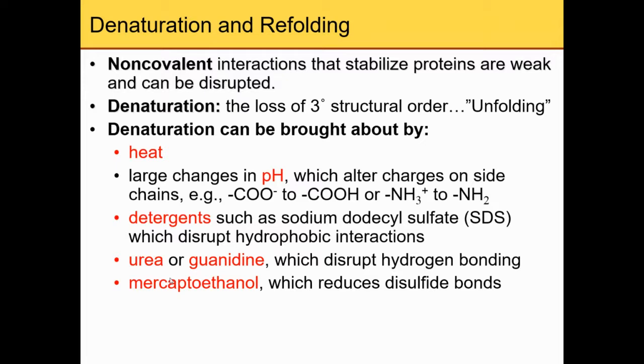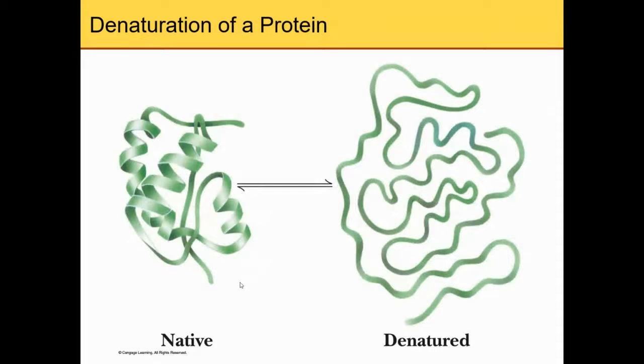The SDS-PAGE gel electrophoresis is used to determine the protein molecular weight or to see the protein quantity. So you have to treat the protein sample with these different methods so that you'll be able to run the protein on the SDS-PAGE gel.